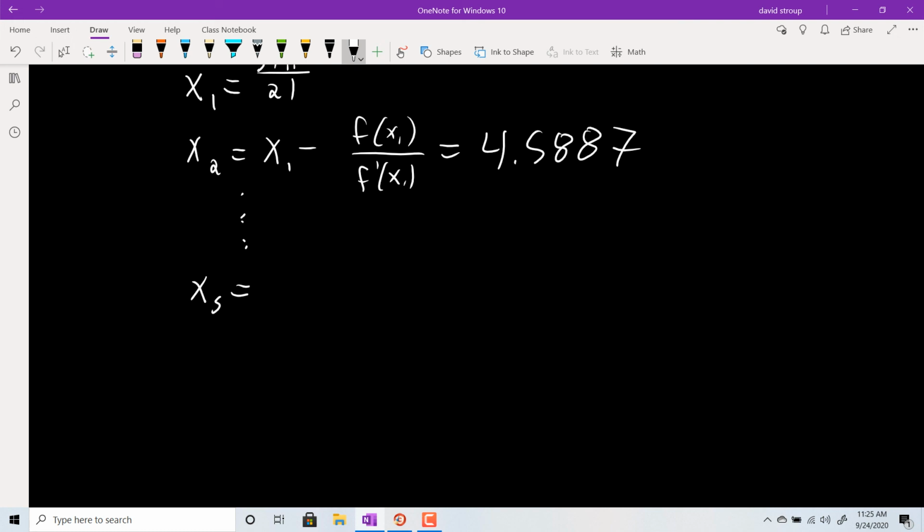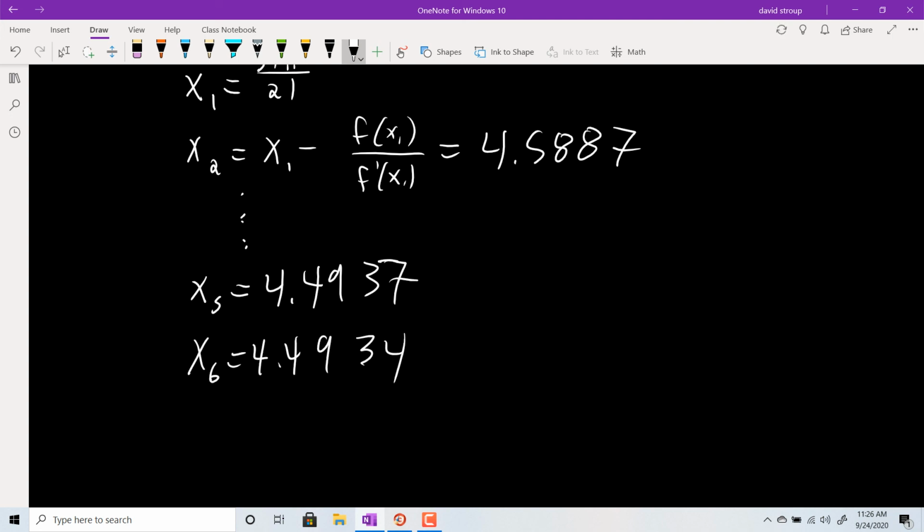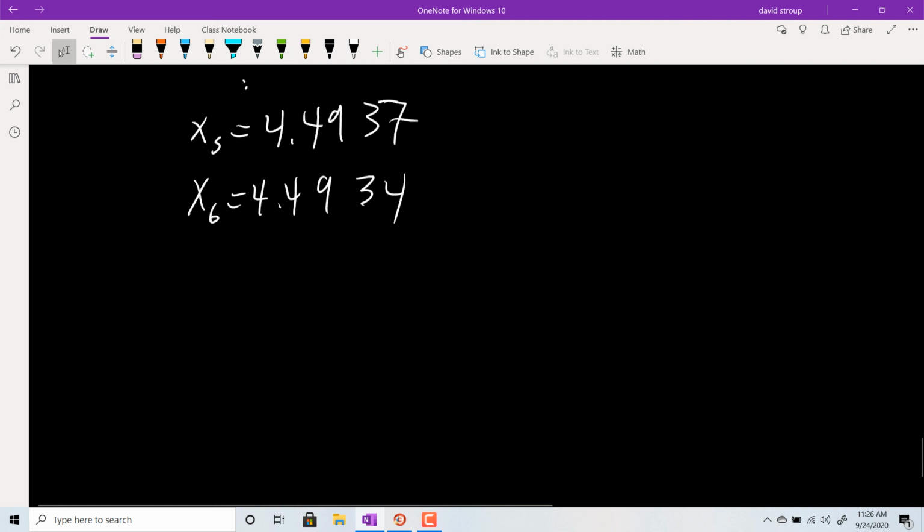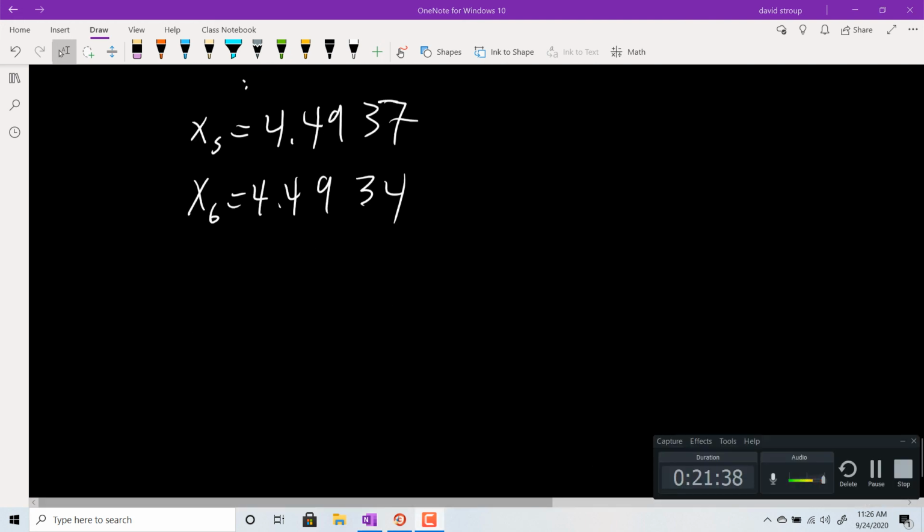So my x5 was 4.4937, and then my x6 ended up being 4.4934. Once I got the third decimal place in line, I think that's the error they wanted in the book, and I stopped there. Okay. So let's call it quits for today, and I'll see you next time.